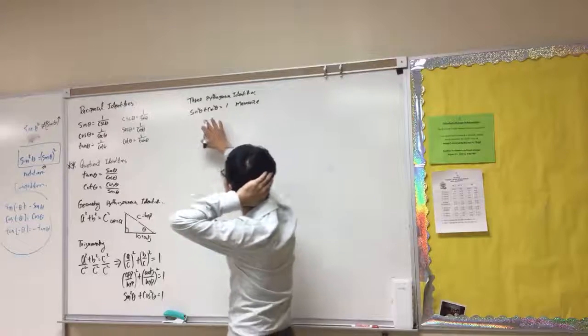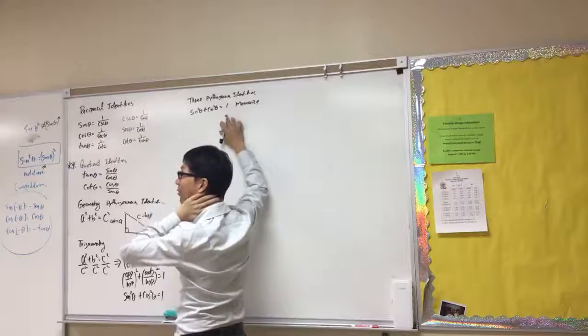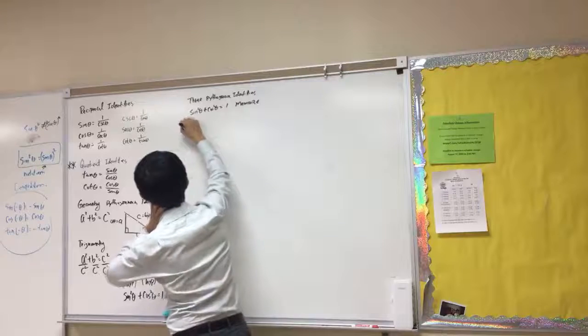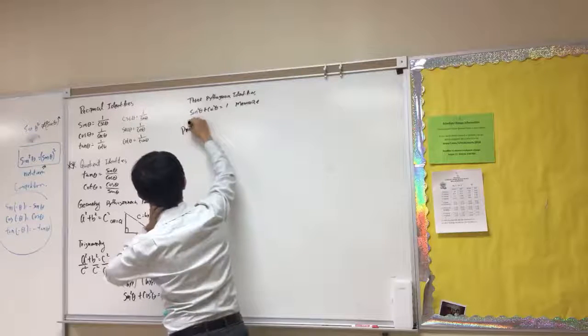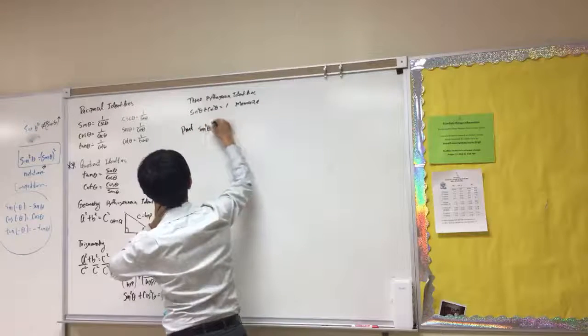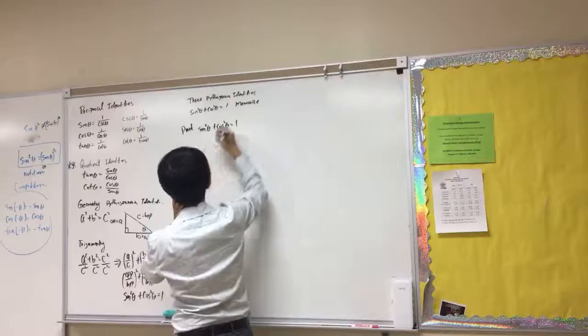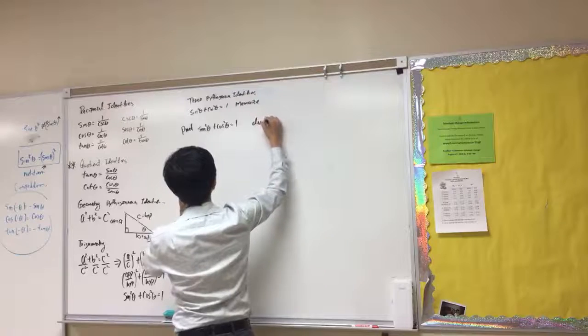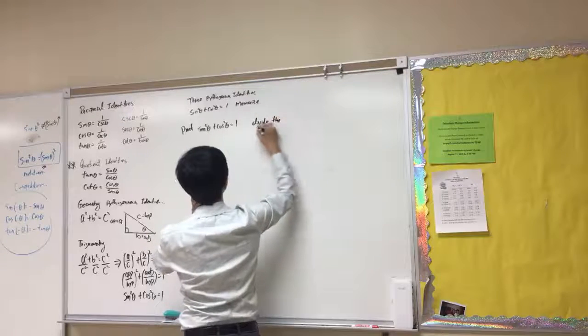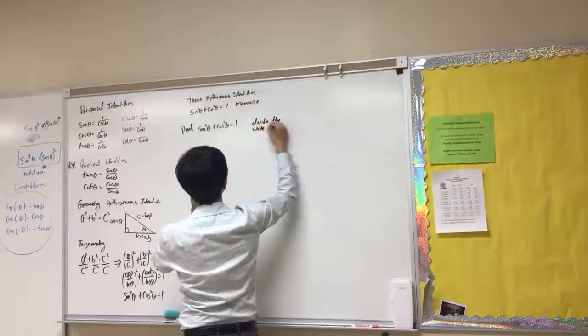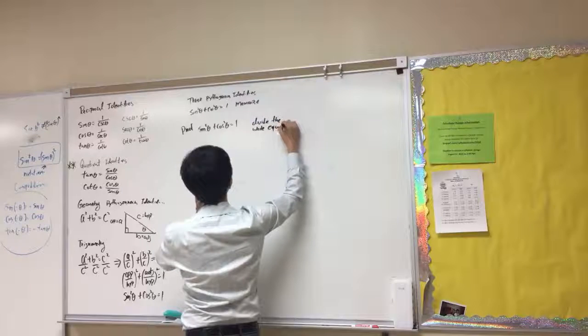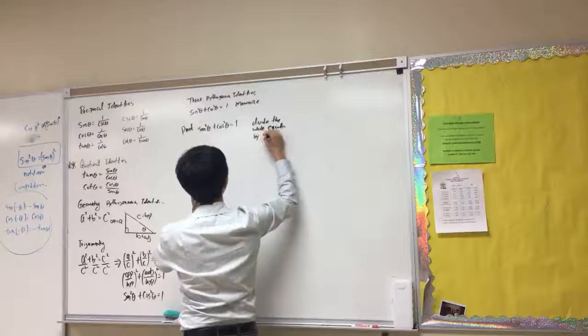Okay. So now I'm going to take this function. I'm going to show you the proof. So sine square theta plus cosine square theta is equal to 1. I'm going to divide the whole equation by sine square theta.